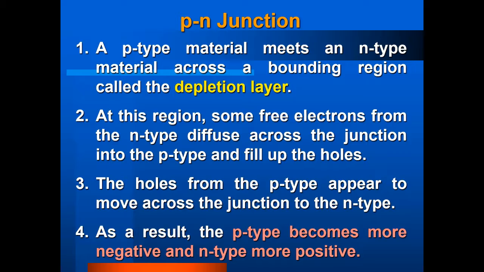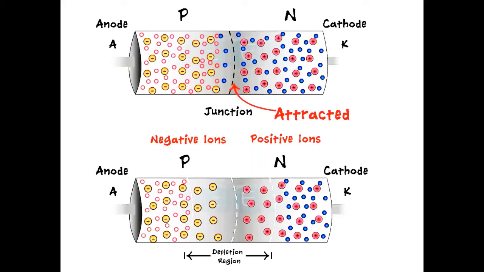As a result, the P-type becomes more negative and the N-type becomes more positive. This diagram shows the P-type and the N-type diffused together. The N-type consists of a lot of free electrons, whereas the P-type semiconductor consists of a lot of holes.